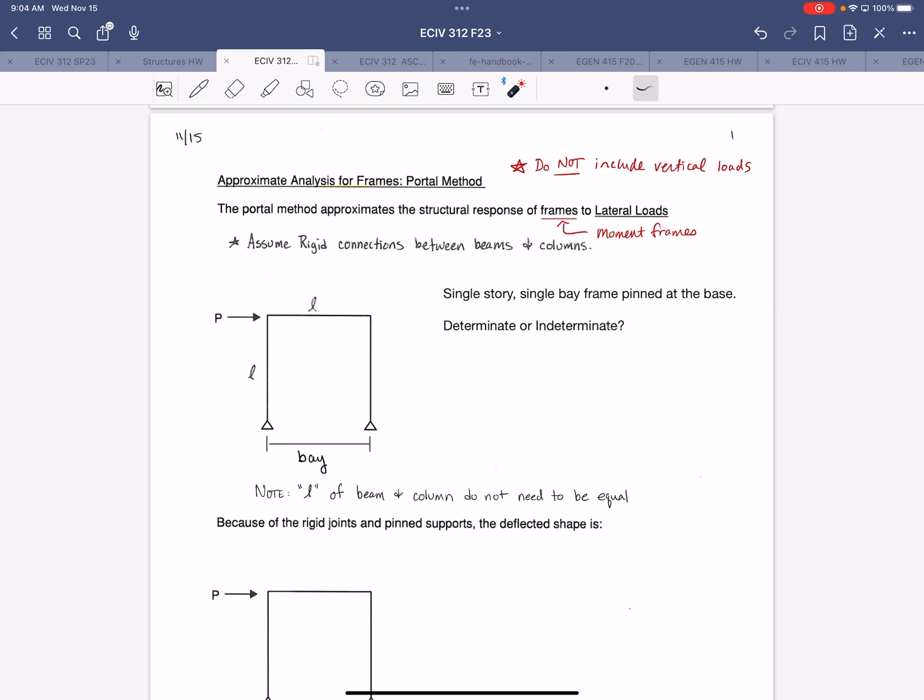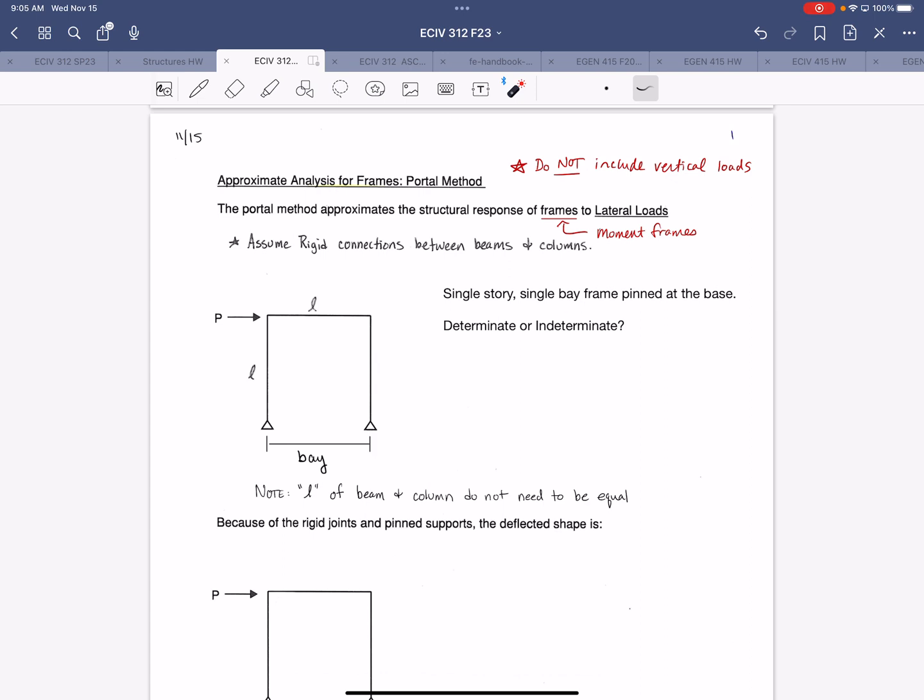Is this frame, as shown, determinate or indeterminate? Determinate? Why do you say it's determinate? Pin joints at the bottom, rigid joints up top. Yep. So it's got pin joints at the bottom and rigid joints at the top, but can you find all the external reactions just using equilibrium?